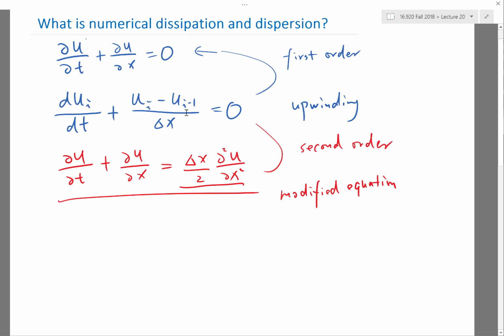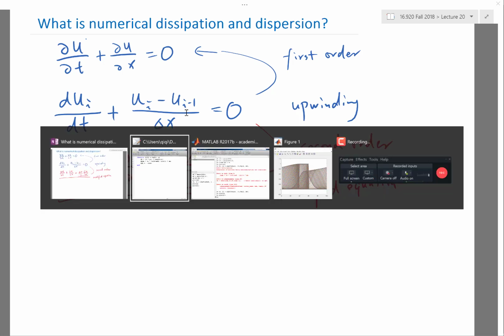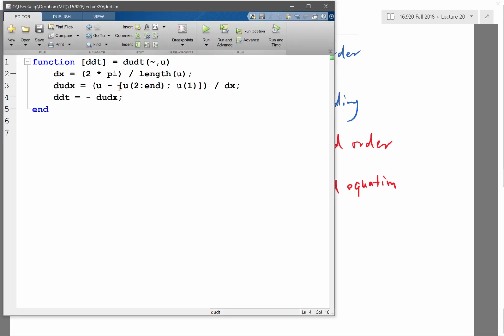U_{i-1} is upwinding from the left, and in my implementation, this is U_i and this is U_{i-1}, which actually is wrong, right? Thank you. It should be from here, so U and that. So this is the proper one. Yeah, thanks. Okay, so this is U_{i-1}.